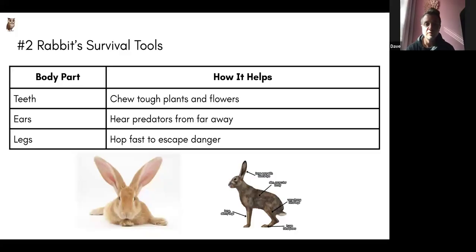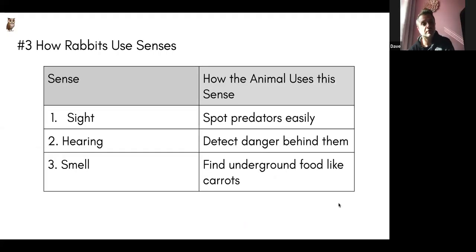The long ears, a slim muscular body, very strong hind legs, all right? Huge paws. They're fast. We all know they're fast. We can't catch them. And this is how it helps to survive. But also, if you think about it, it needs to be able to chew through plants and flowers, okay? It does not cook it.